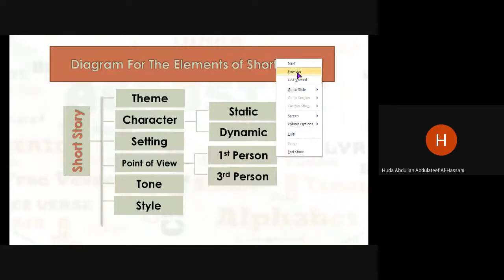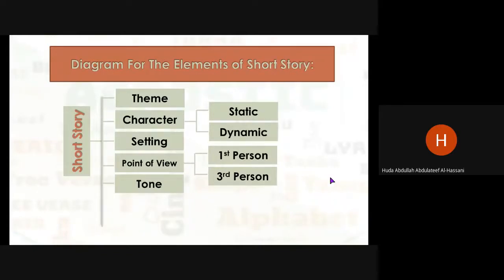Also, we have tone. The tone could be sad, could be happy, could be angry, could be revolutionized, like this. Could be bitterness. Also, we have a style, the way of writing. I can write either by using simple words, simple sentences, or I can write with difficulty.